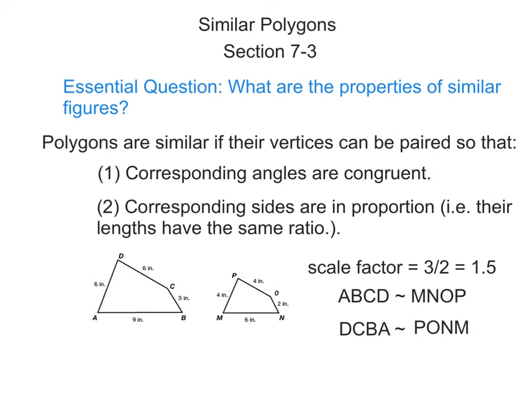The perimeter of the polygon on the right is 4 plus 4 plus 2 plus 6, or 16. So if we have a perimeter of 24 on the left and 16 on the right, the ratio of the perimeters is 24 to 16, or 3 to 2. So the ratio of the perimeters is also equal to the scale factor, just like the ratio of the individual sides is equal to the scale factor.